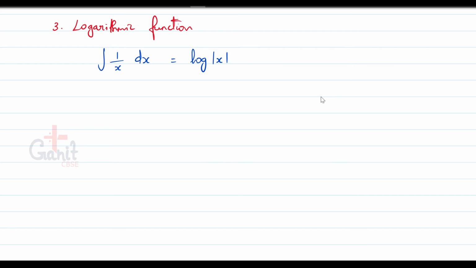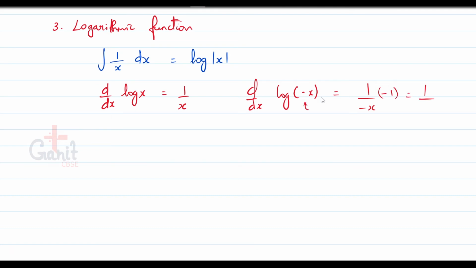If I differentiate log x, we know that the differentiation of log x will give you 1 by x, and the differentiation of log of minus x will give you 1 by negative x, and I have to differentiate inside, that's negative 1. So you will end up with 1 by x.